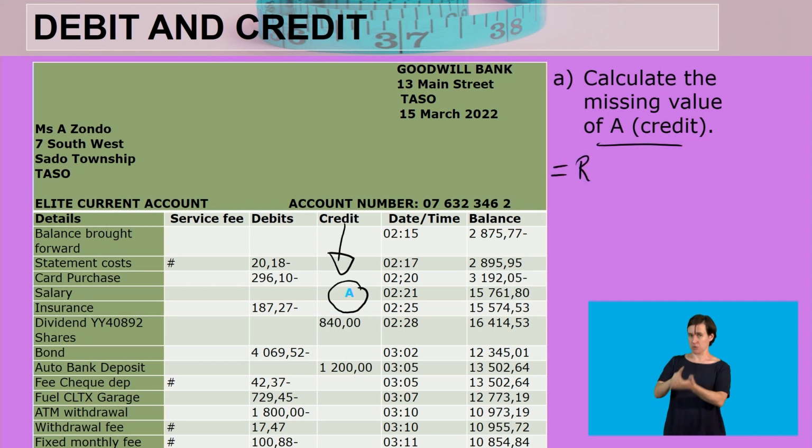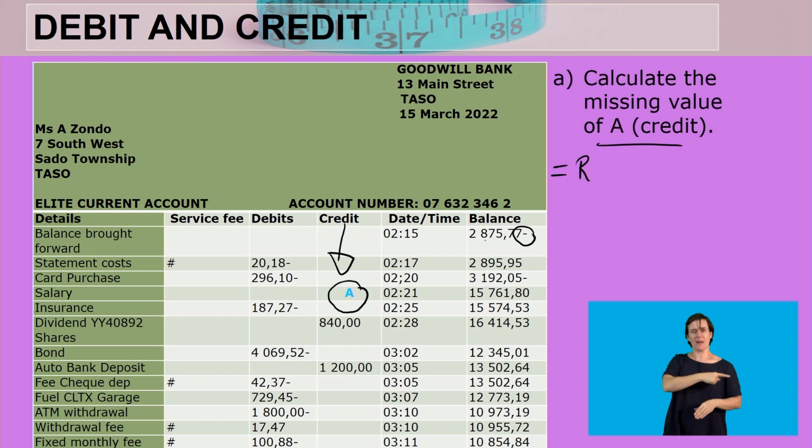So now when we look at our statement here, the first amount, it says the balance brought forward, which is 2,875.77. But then already this statement gives us a negative value. It means now this person is owing the bank. He has used more than what he has in his account.